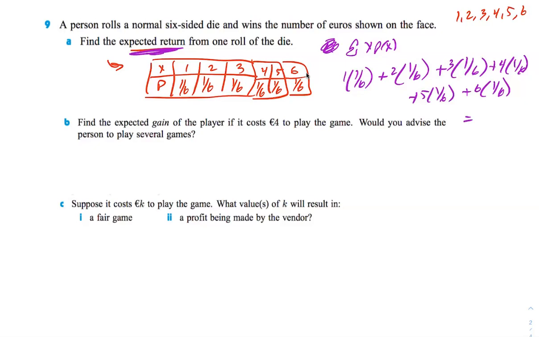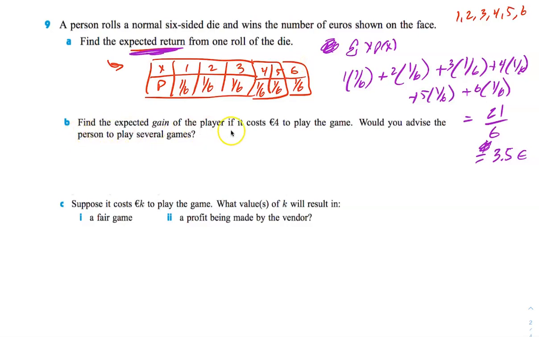If I do all that, 1 plus 2 is 3, plus 3 is 6, 6 plus 4 is 10, 10 plus 5 is 15, so 21 over 6. Again, we got about 3.5 euros each time.